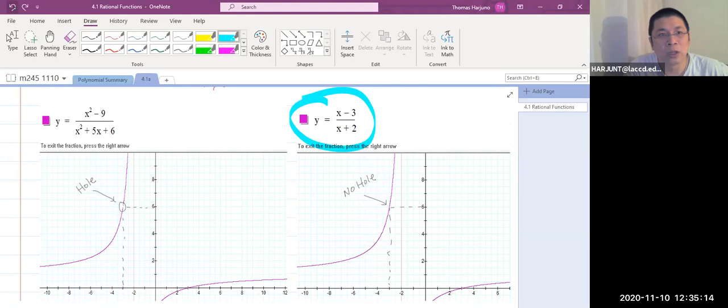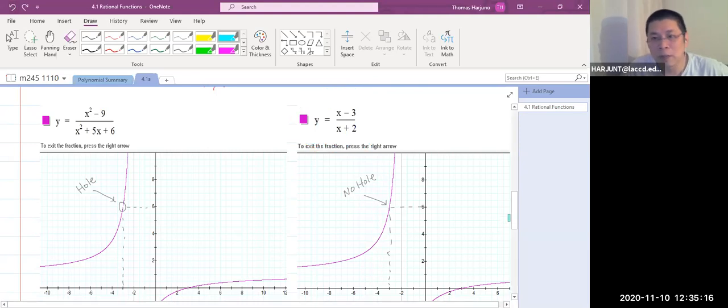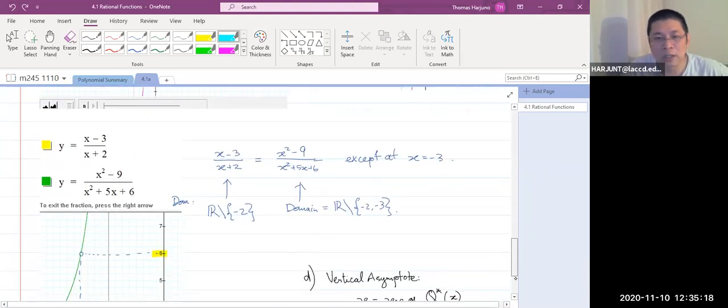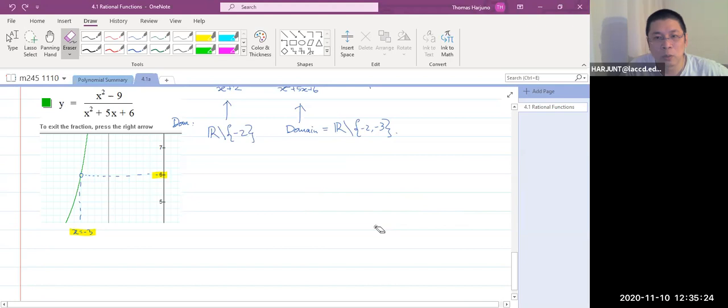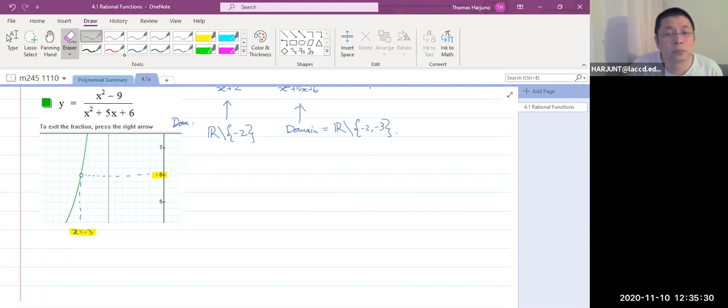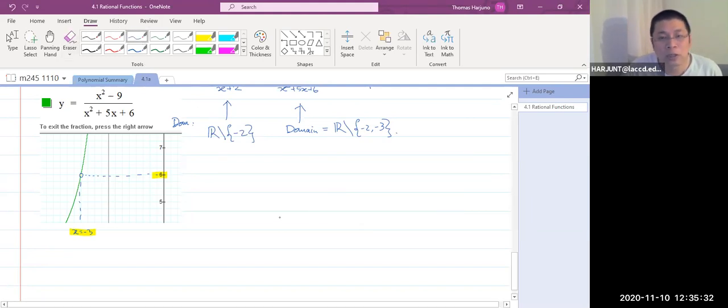Okay, now I think I will stop at vertical asymptotes. I will do vertical asymptotes on Thursday. What is your suggested homework? 4.1. Oh, study for your test 3 already.